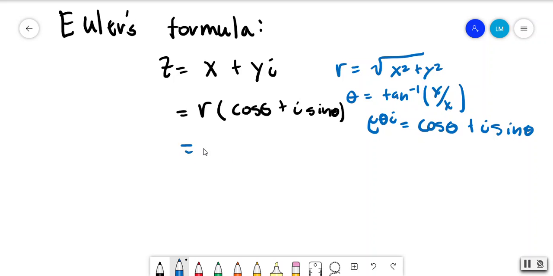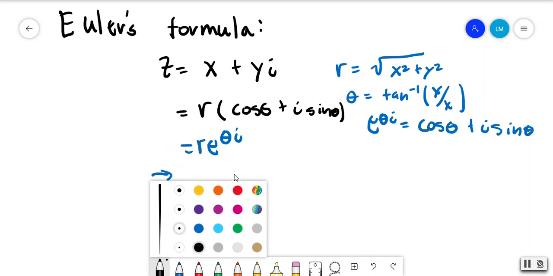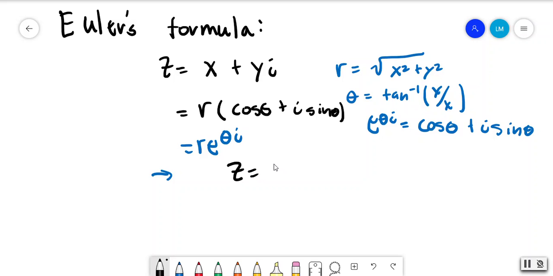So the complex number is r e to the theta i. That's actually kind of interesting. So z equals r times e to the theta i.